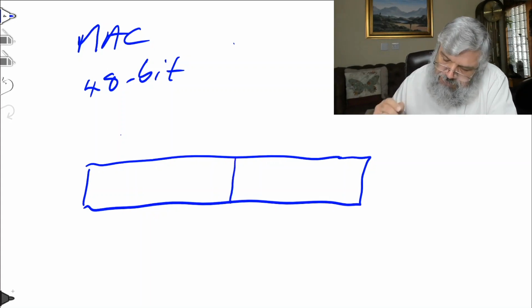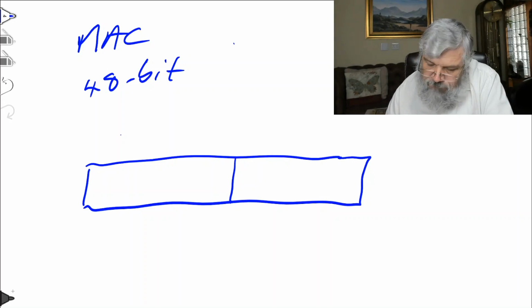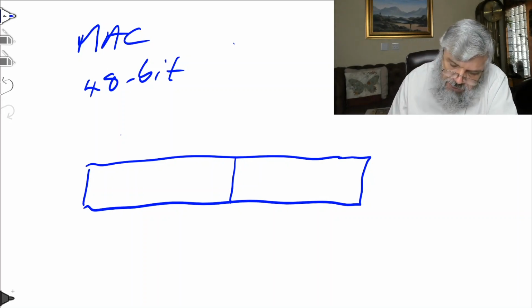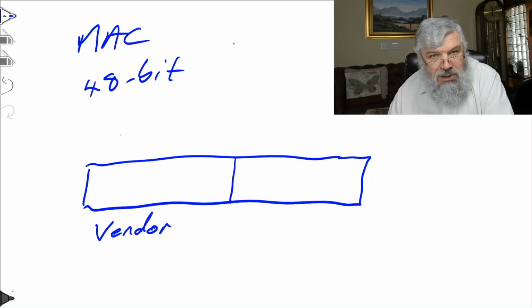So the Ethernet or the MAC address consists of two fields. The one field is commonly known as the vendor code, the vendor number, the vendor ID. In other words, it refers to the organization who manufactures and supplies this piece of network equipment.